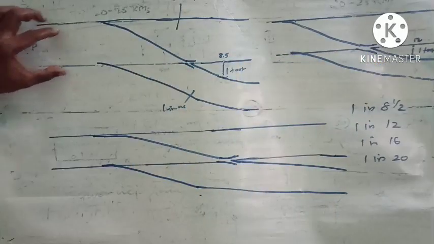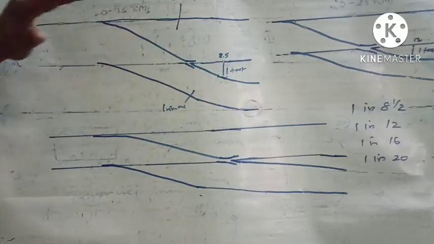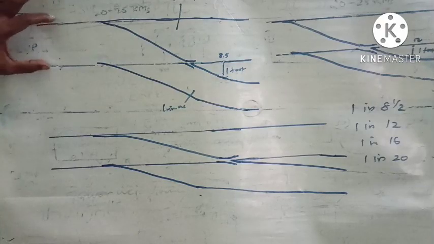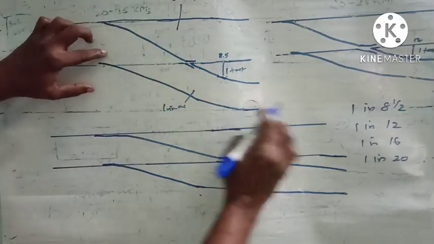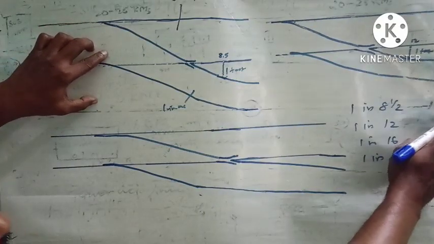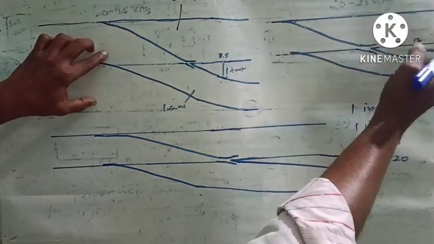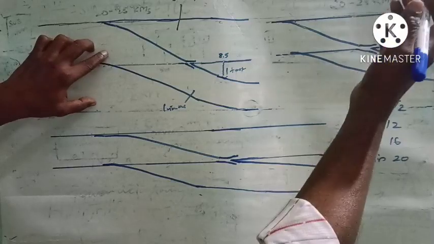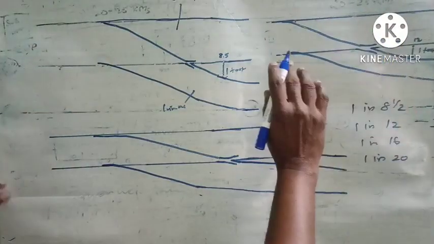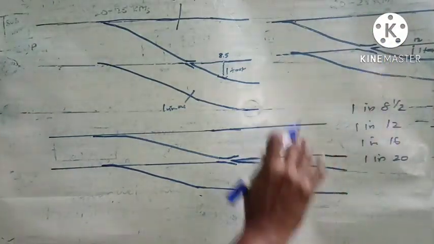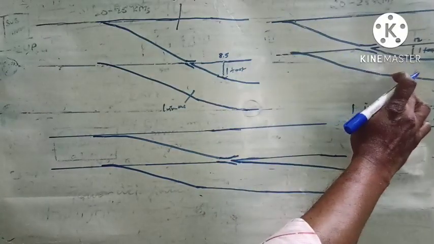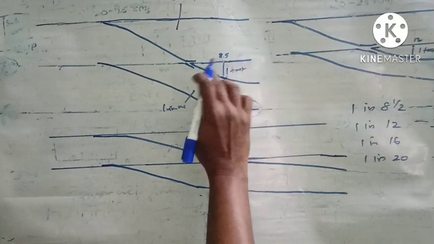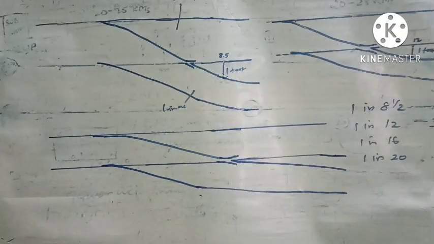In the main line you can go at 100 or whatever be the speed, but in the turnout you can have only a speed of 15 kmph. Here on the main line you can have 100 or so speed, but in the turnout you can have 30 kmph, because the curve, the bend here for this turnout is not as sharp as that of the 1 in 8 and a half turnout.